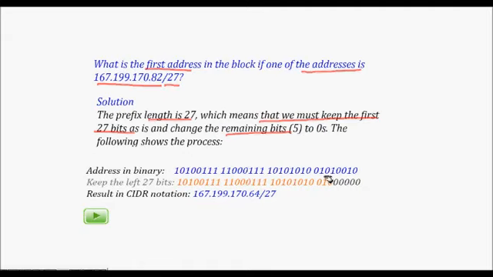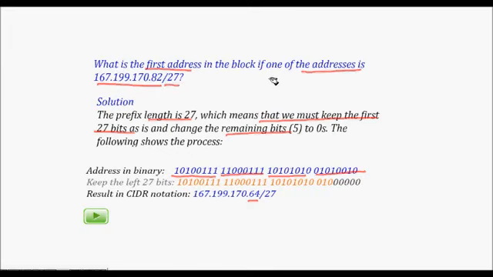So the address in binary for this one is there. This is the first decimal, second, third and fourth. We keep the left 27 bits, and the rest of them we put as 0. So the address becomes 167.199.170.64. We just need to check the last part.